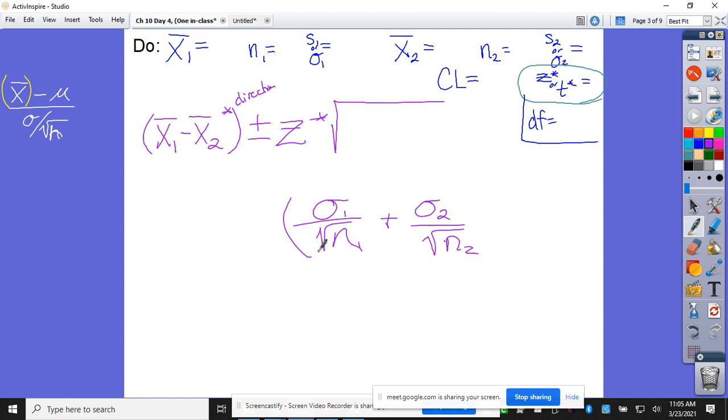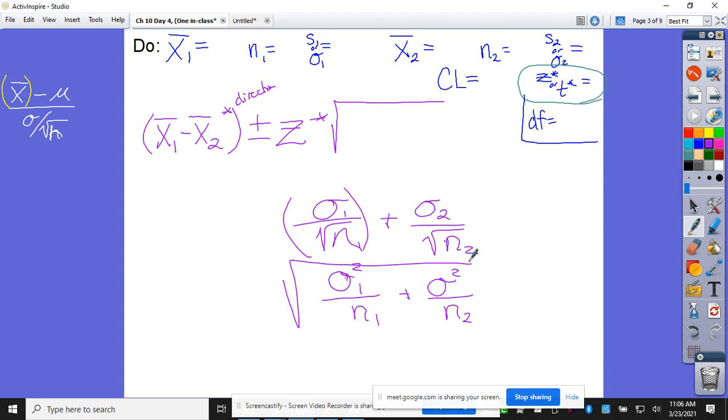Square it. So this whole thing squared is going to leave me with what on top? Over, because square root squared. Now I add them, and then now I take the square root.